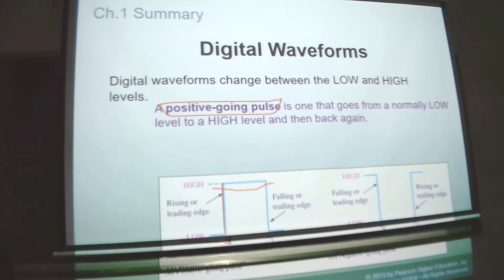This edge is called rising or leading edge because it is from low to high.